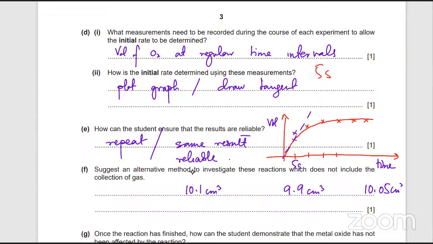So when you have 3 results, you want to get close to the true value, so you take the average of the three points.